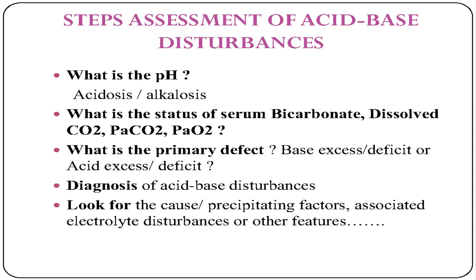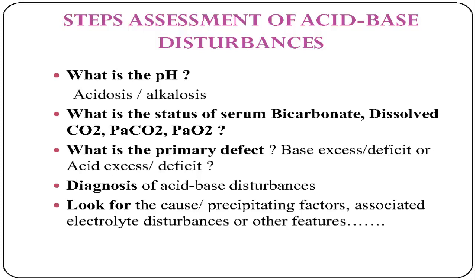Now lastly, you have to look for the cause or precipitating factors or associated electrolyte disturbances or other features. Now there may be some hidden cause or precipitating factors behind these acid base disturbances. This we will be discussing later.